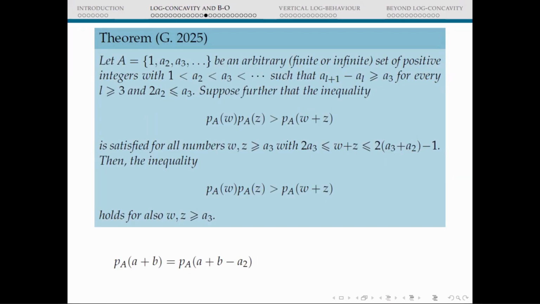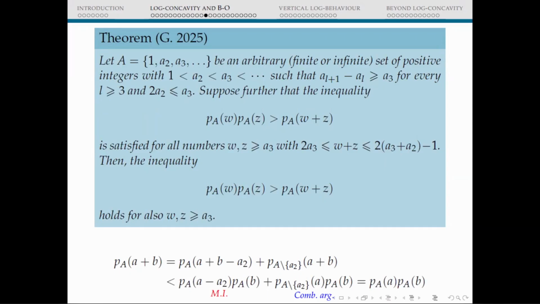If we don't use A2 as a part, then we have the number of A-partitions without A2 of A plus B. Now we would like to apply the induction hypothesis to the first term, and to the second one, we would like to show a combinatorial argument showing that this number is smaller or equal than that one. If that is the case, then we can take PA of B in front of the brackets and use the same trick as in the first line to rewrite it as the following.